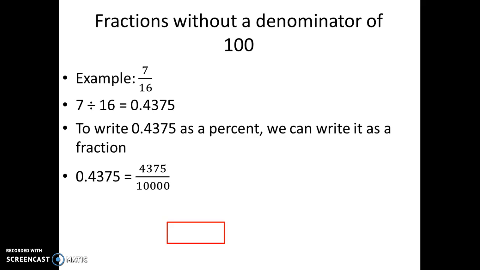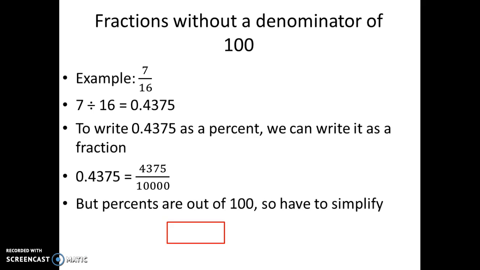So if I have 4,375 10,000ths, and I want to simplify this to have a denominator of 100, I'm going to divide by 100. If I divide my numerator and denominator by 100, I now have 43.75 over 100. Since my denominator is 100, my numerator is my percent. So that means that 7/16 is equal to 43.75%.